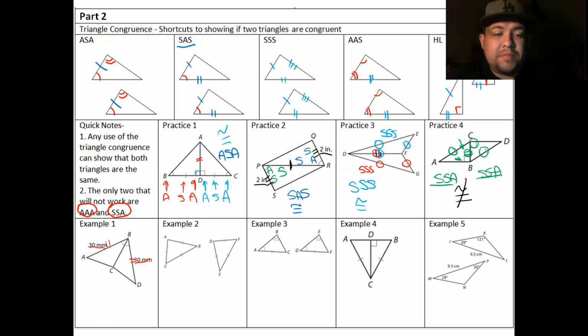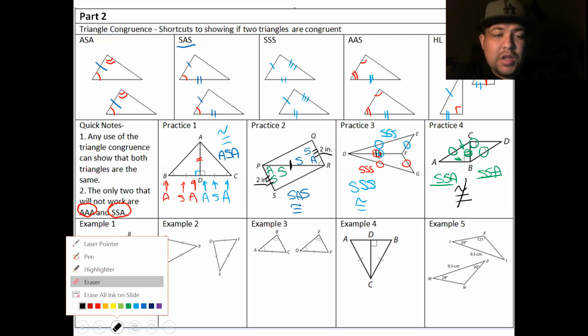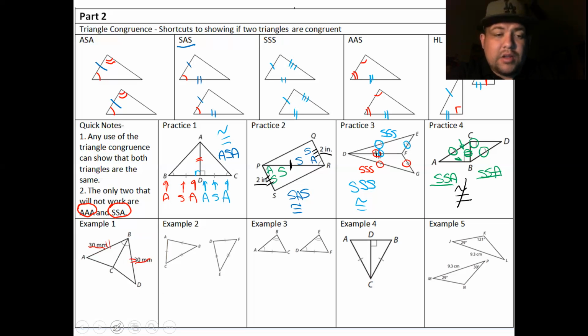CB is the same. So I can put that in there, trying to get the right color for it. So right there, you want to identify that we have a side angle side and a side angle side. So I have an SAS, which is one of the ones we can use. So I will say that they are congruent. We are good with that one.